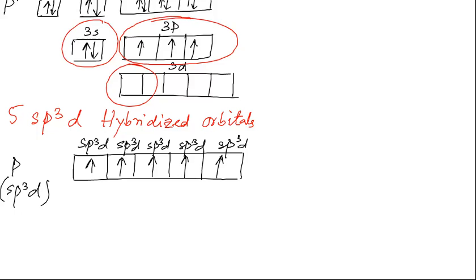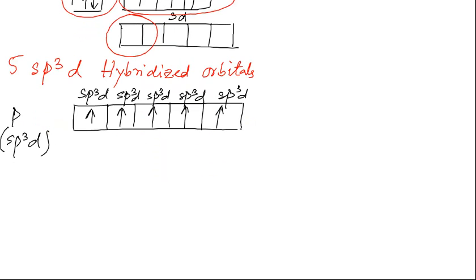These 5 sp3d hybridized orbitals can form 5 bonds with the chlorine atoms, giving rise to 5 bond pairs and 0 lone pairs.